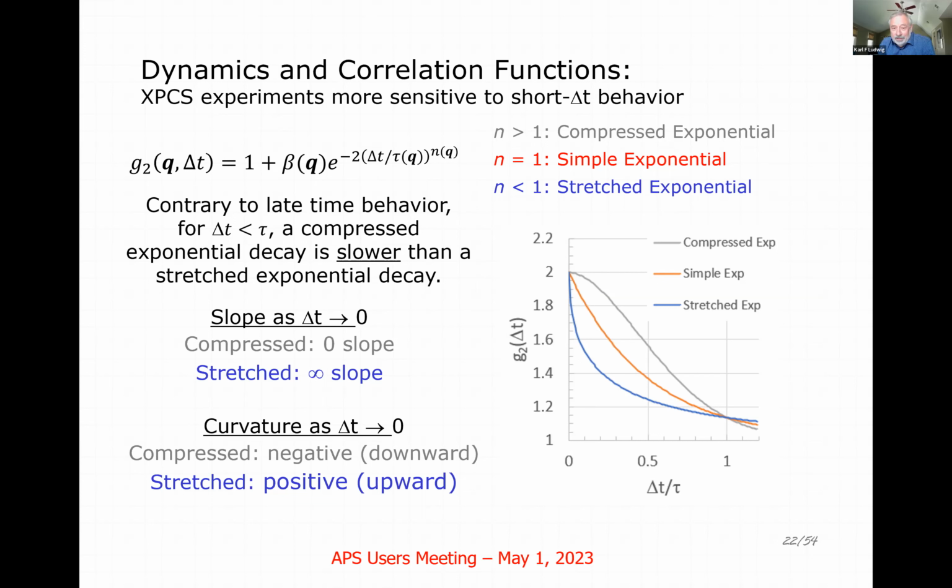An interesting thing about a compressed exponential is that it has a curvature upwards, as you see in this figure. It's the blue line. So for times less than the correlation time, a stretched exponential is below a simple exponential.